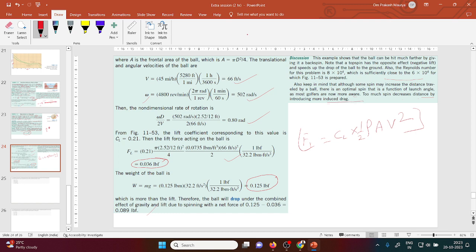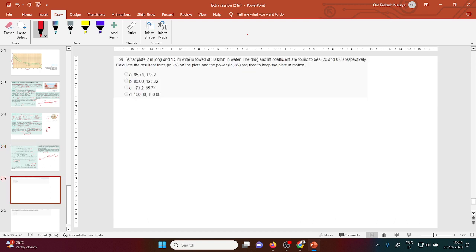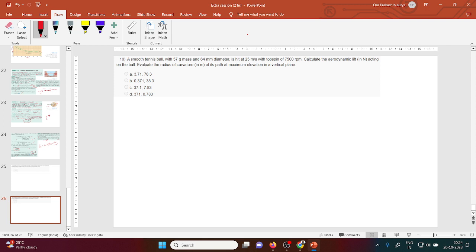So basically this line is correlating with the practical approach of this problem, which golfers mostly use. Question number 9 we can solve. Question number 10 is a similar type of question. You just solve this. Question number 10 is visible.